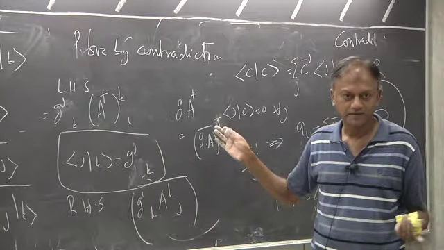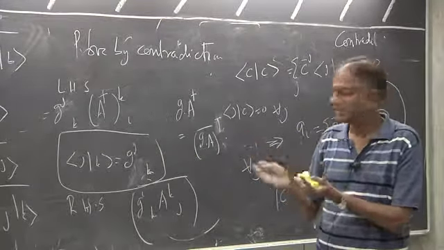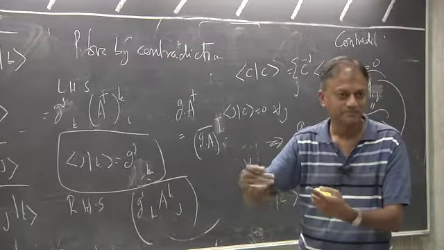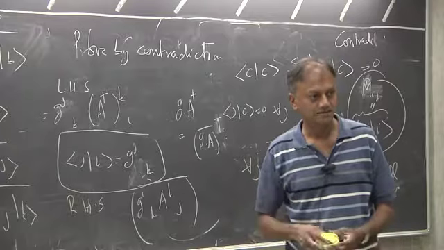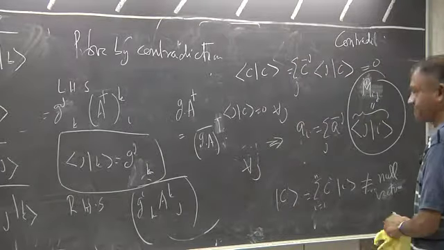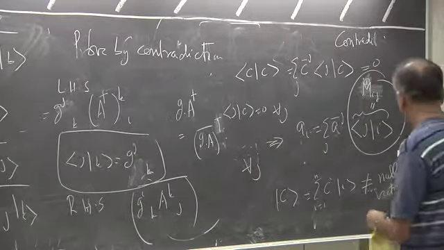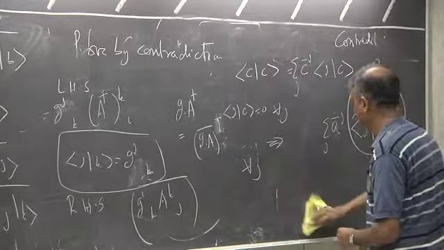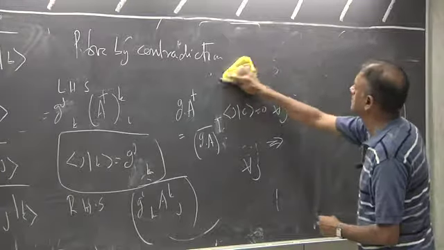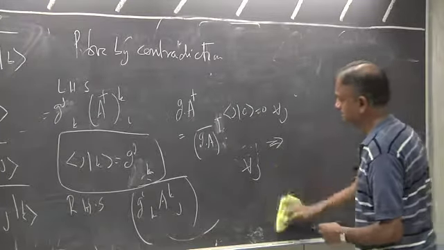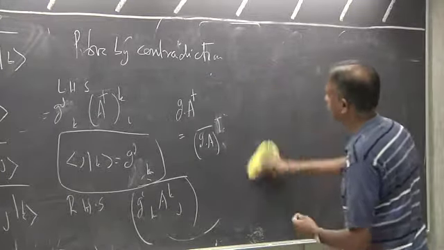There's no problem. It's just that this G keeps hanging around everywhere. So that's why it is convenient to go to the orthonormal basis. So let's go to the orthonormal basis.